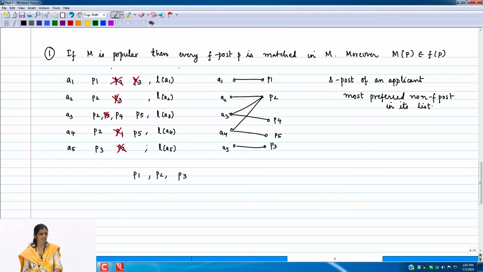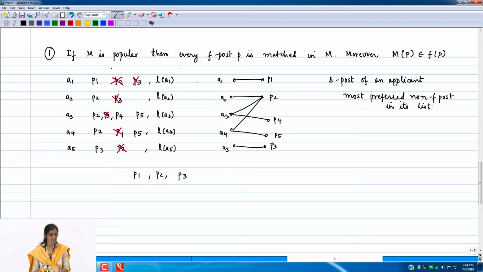So what have we done? We have added a unique last resort post for every applicant, a dummy post. Now when I scan this list and delete these F posts or unnecessary edges, this post will never get deleted, because it is not an F post for anybody.